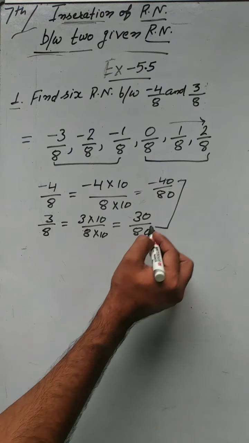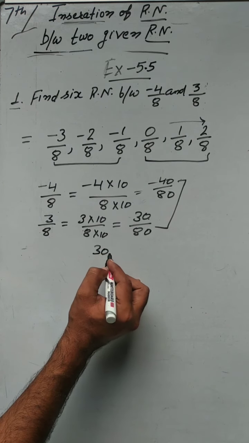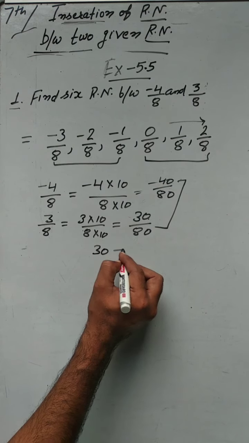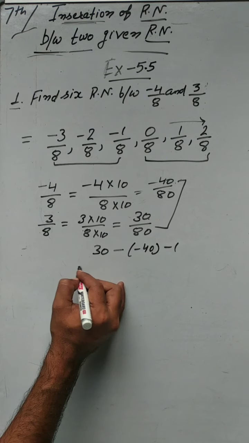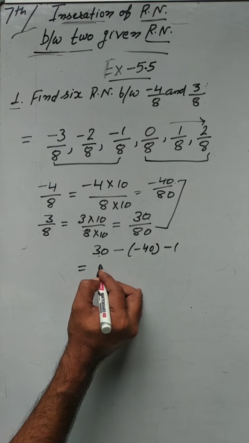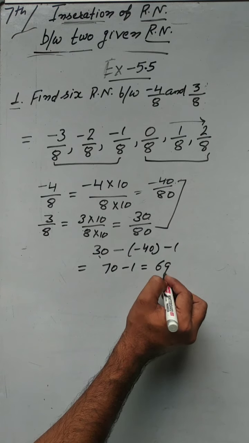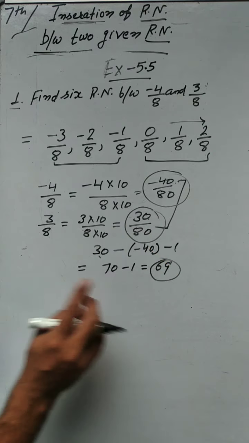Now how many rational numbers are there between them, beta? Your m is equal to 30, applying the formula m minus n minus 1, and your n is equal to minus 40. So 30 plus 40 is 70, and 70 minus 1 is equal to 69. How many rational numbers are there between them now? 69.